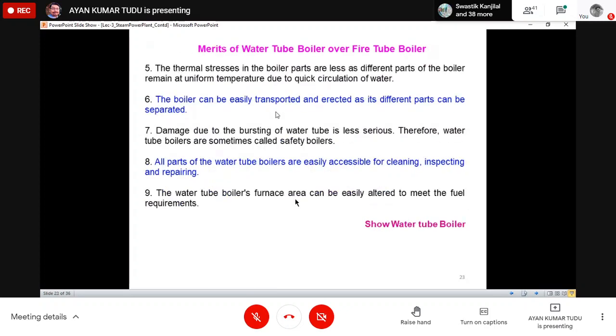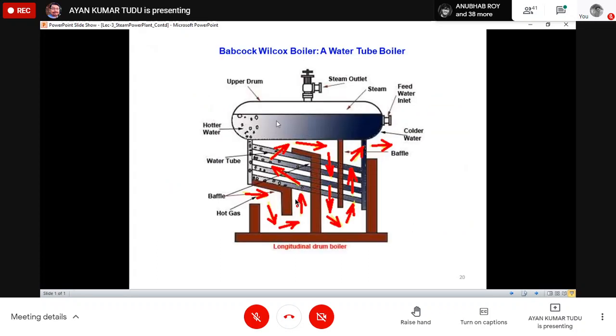What is the disadvantage of the water tube boiler? If you recollect, I was talking about one thing, that the water level in the water tube boiler should not go down. I was stressing this when we talked about why boiler feed water is required.